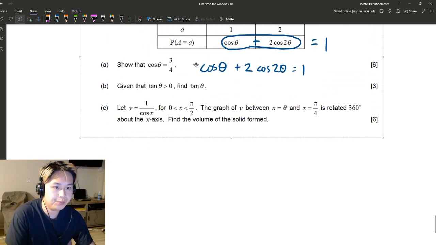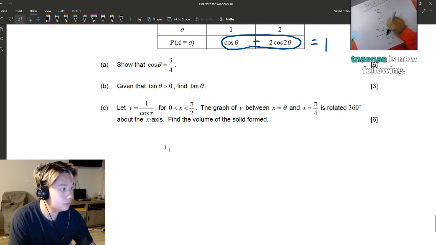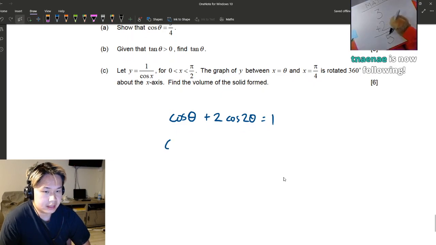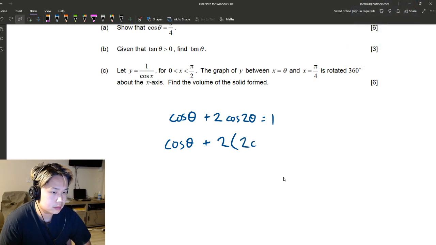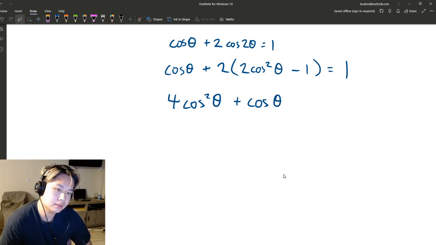I'm gonna need more room. So next up, we use that double angle identity. And then, essentially, we have 4 cosine squared theta plus cosine theta minus 2 is equal to 1.